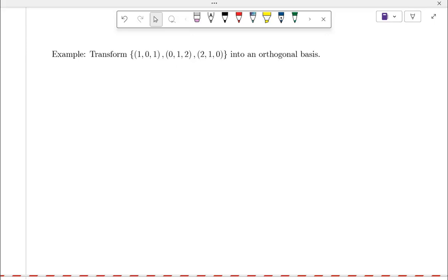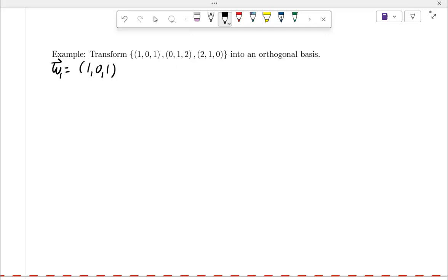So we're going to assume this is a basis to start with. If it's not, we're going to run into problems, okay? We'll have an error in our process. All right, so here's how we construct our orthogonal basis. The first thing is your W1 will be just the first vector, okay? That first vector, W1, is just 1, 0, 1, okay?